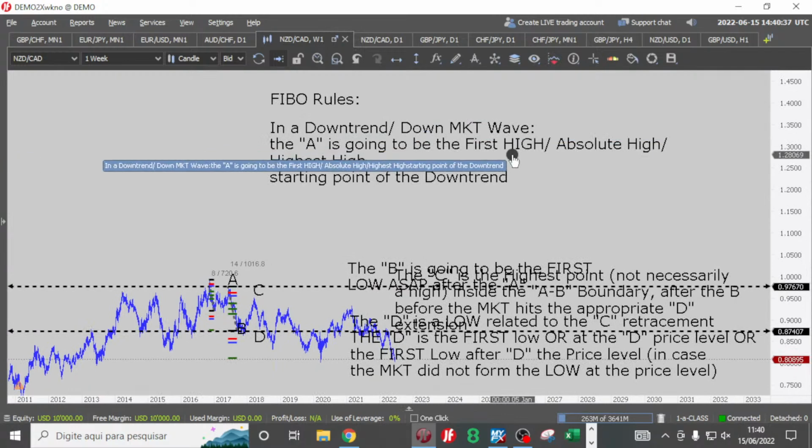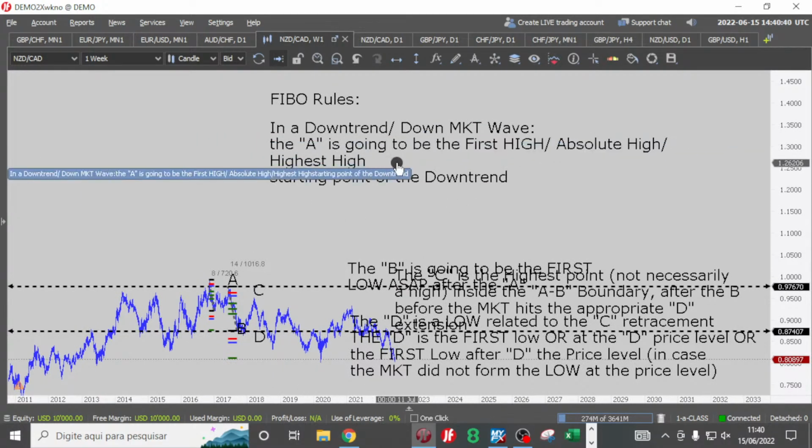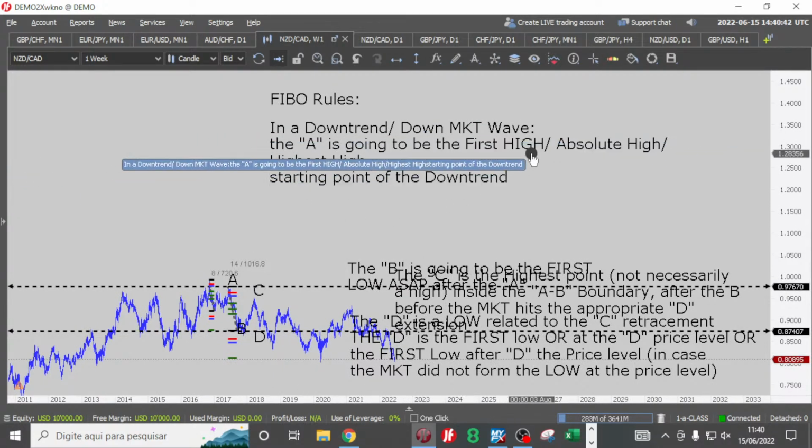In a downtrend, down market wave, the A is going to be the first high, the absolute high, the highest high, the starting point of a downtrend.